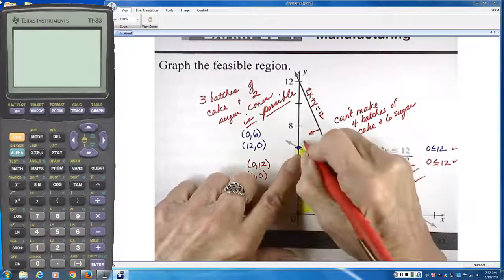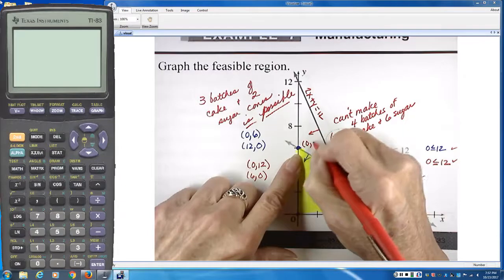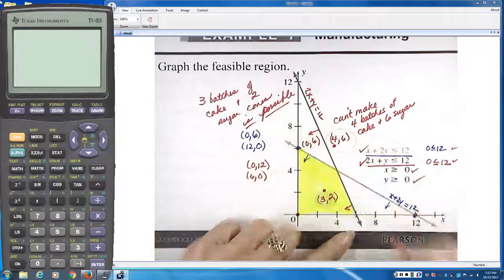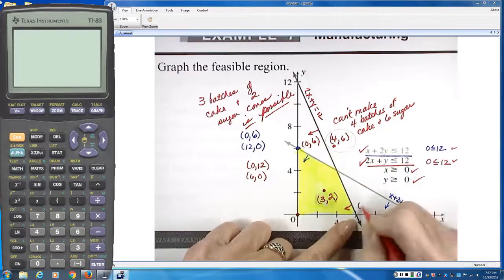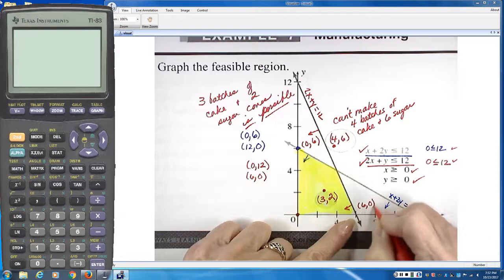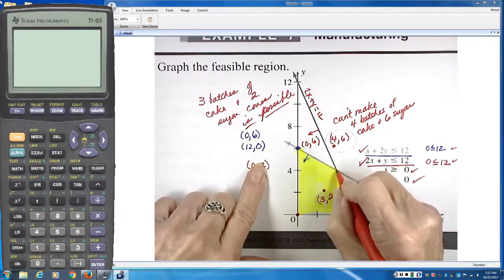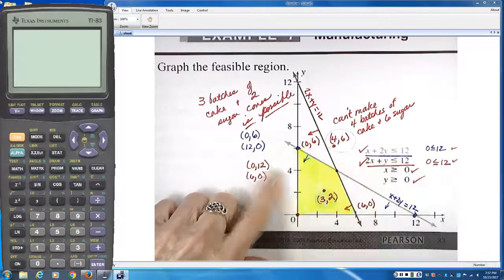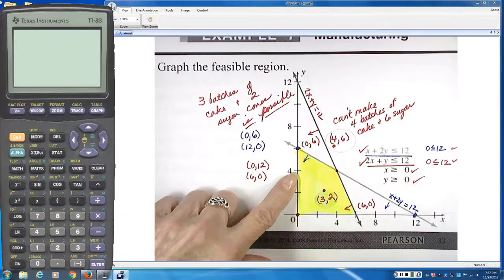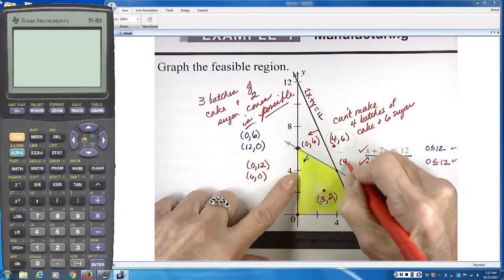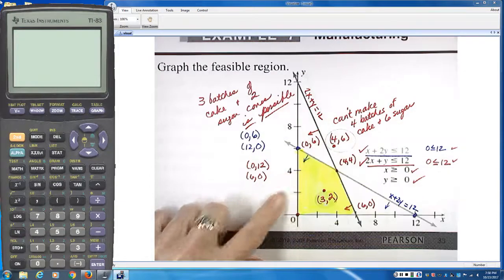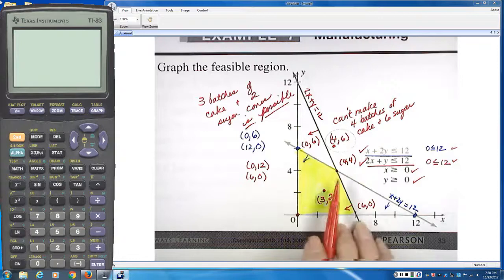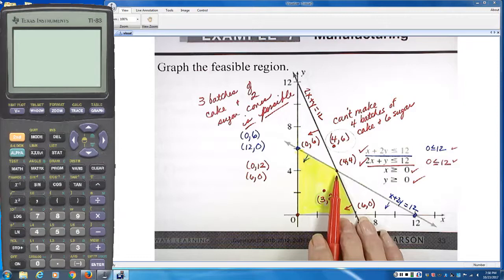You have the corner point 0, 6, and you have the corner point 6, 0. But you also have a point, and it's probably 4, 4 looking at the graph, which is one of your corner points. So it's going to be important that you be able to find the intersection point of the two lines. Now there's two ways that we're going to be able to do that.